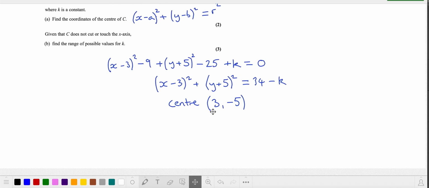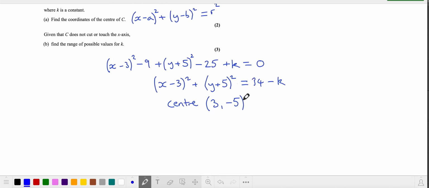Given that C does not cut or touch the x-axis, find the range of possible values for k. If we think about where the centre is, (3, minus 5), then if we took the radius going straight up, the shortest possible distance to that axis is 5 units, because our centre is (3, minus 5).